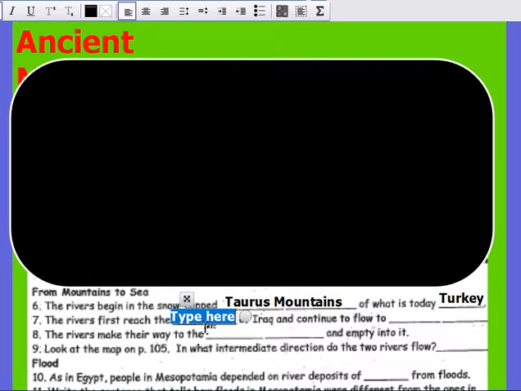The rivers first reach the plateau of Iraq, and continue to flow to lower land. The rivers then make their way to the Persian Gulf, where they empty.